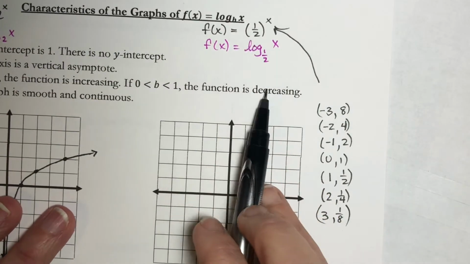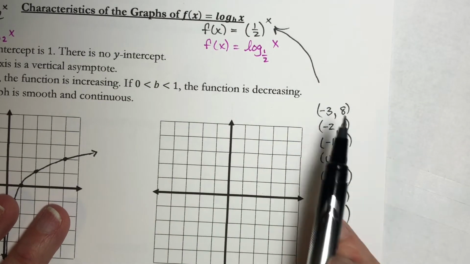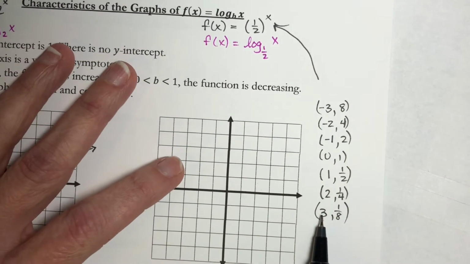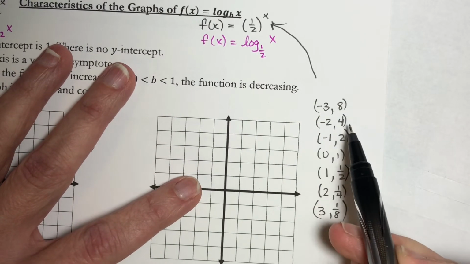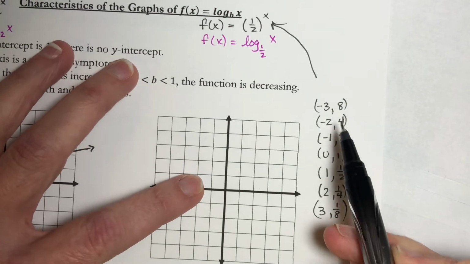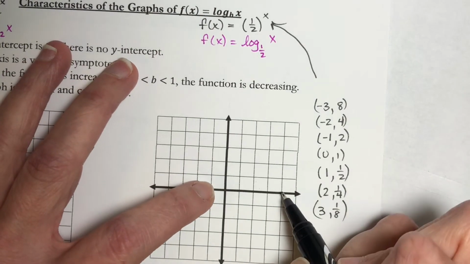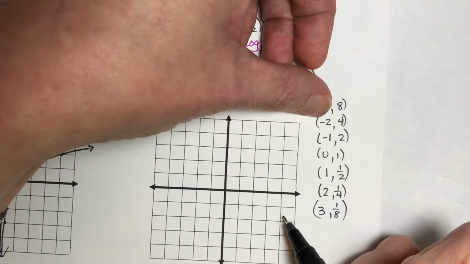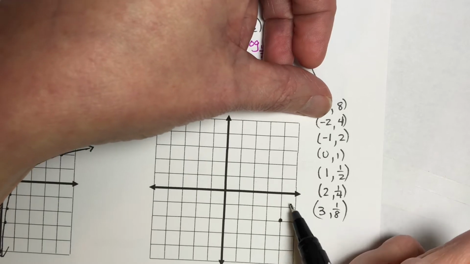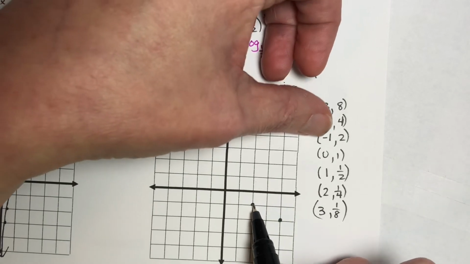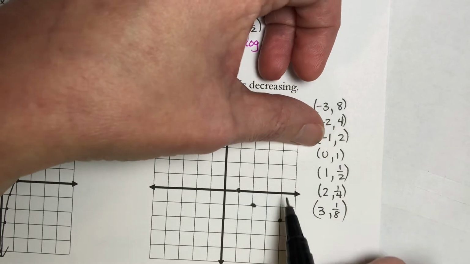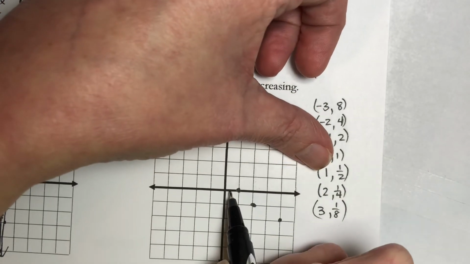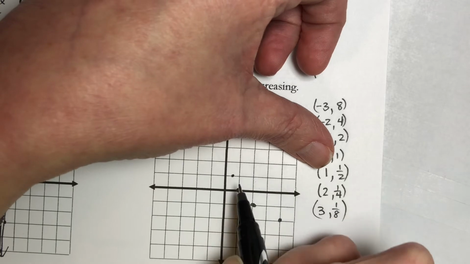These are inverses of each other, so we switch our x's and our y's. So at 8, I'm at -3. I don't have 8 on here. So at 4, I am at -2. At 2, I'm at -1. At 1, 0. At 1/2, 1.